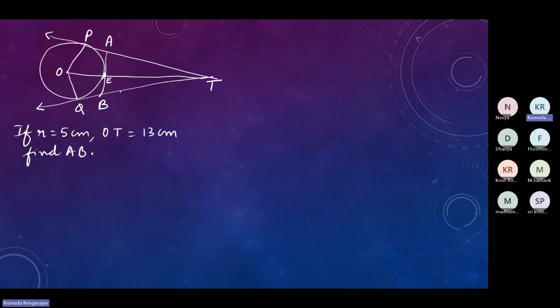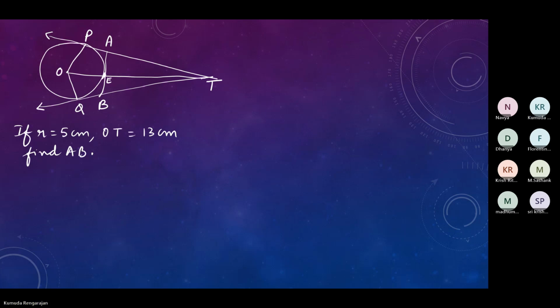AB is another tangent to the circle at E. Given OT is equal to 13 centimeters, find the length of AB.